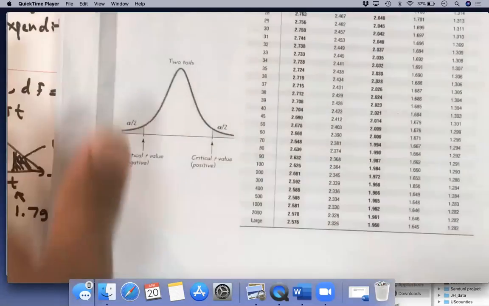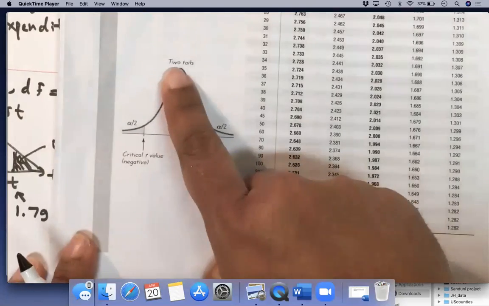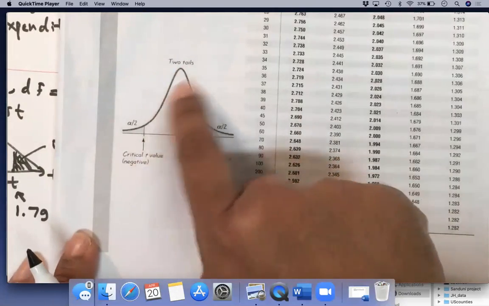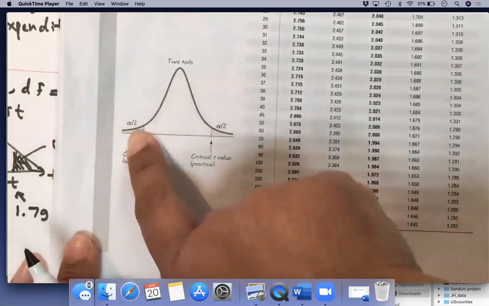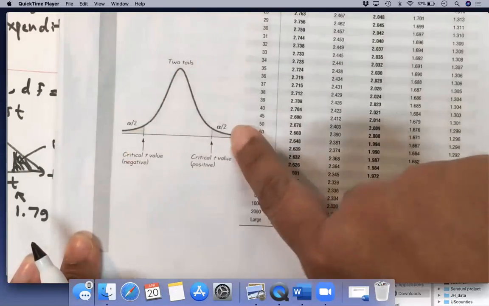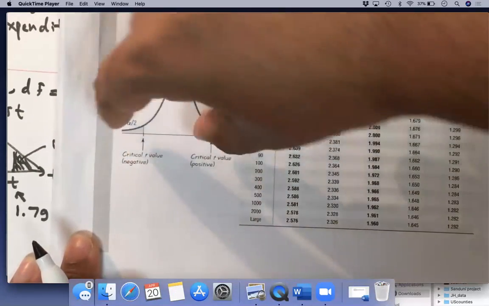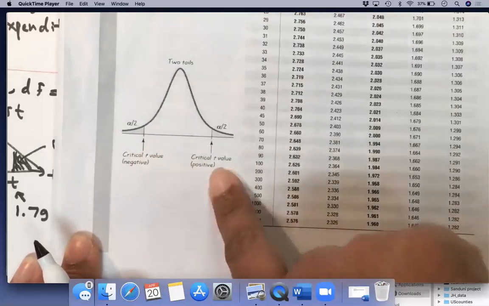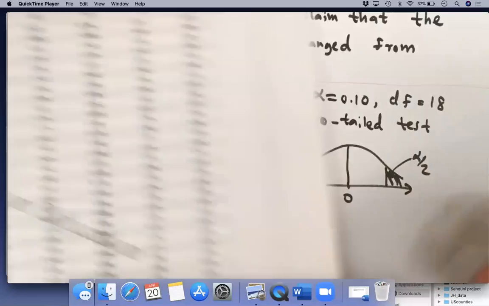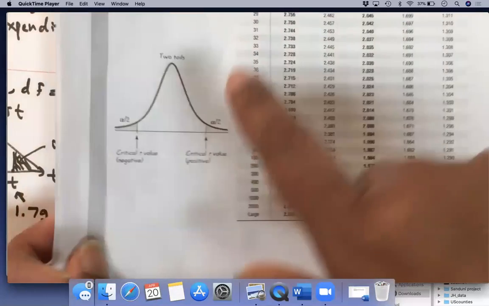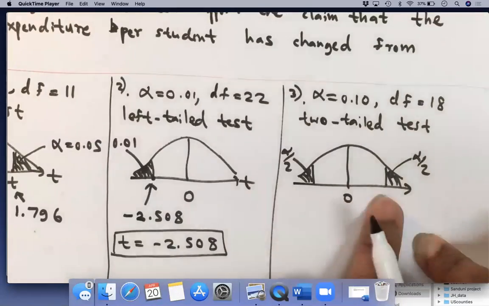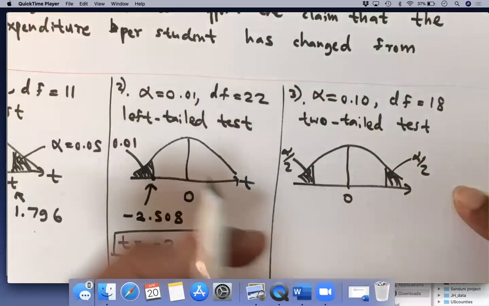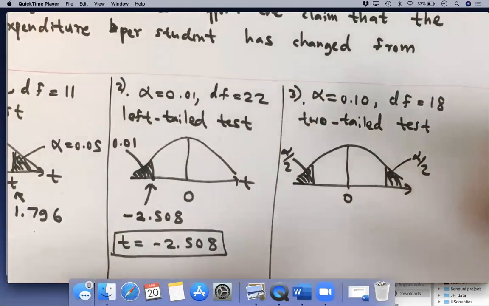Here it is this. If you have a two tail test, then in one tail you have alpha over 2 and in the other tail you have alpha over 2. So you have two critical values, a negative critical value and a positive critical value. But there is symmetry of this distribution, so you can find one tail, then it will be the same as the other one, but you have to put it on the opposite side.